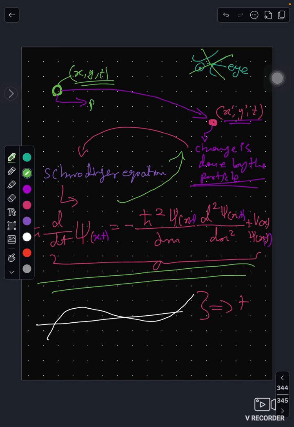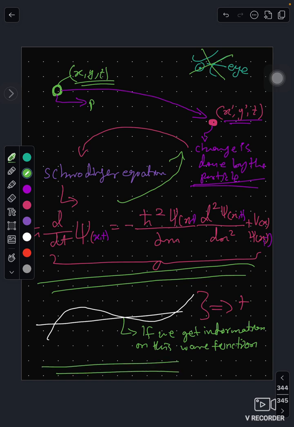If we get information on this wave function, we can then get the information about the future, meaning what type of scenarios will happen after it, the future wave function.